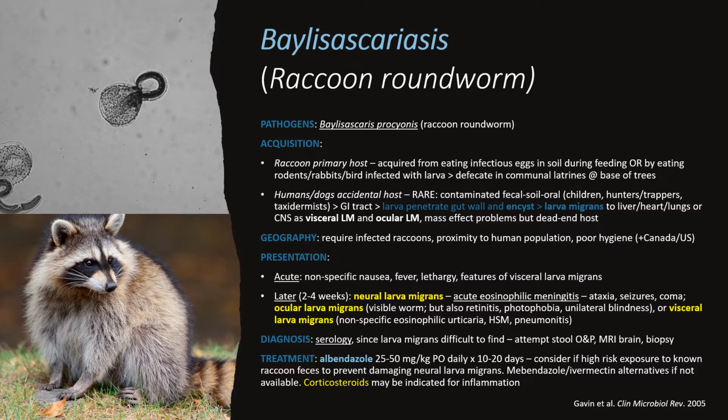Patients end up either doing very poorly or recover spontaneously due to humans being a dead-end host. Attempts at treatment involve corticosteroids for inflammation, and albendazole is the most studied comparatively to mebendazole or ivermectin, but there seems to be overall skepticism regarding its effect, maybe given more for the sake of offering some form of treatment.